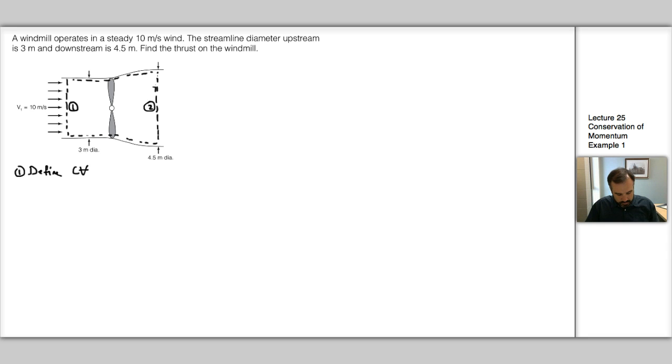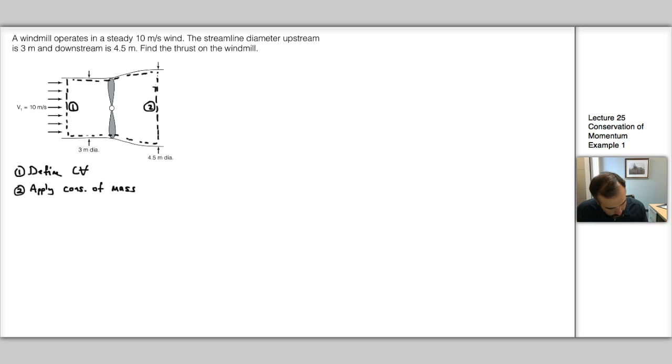Okay? So, second step is apply conservation of mass. And we want to do that because we don't know the velocity downstream. We know the upstream velocity and we know the width of the streamline.